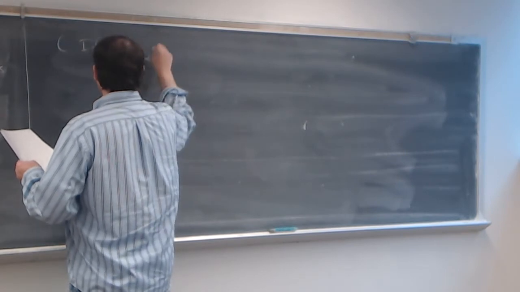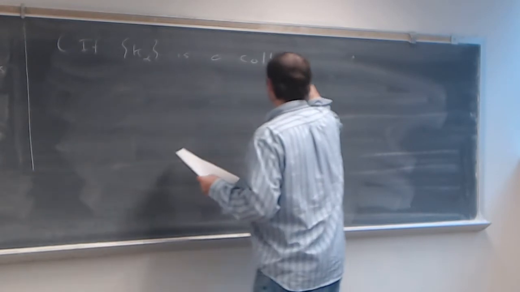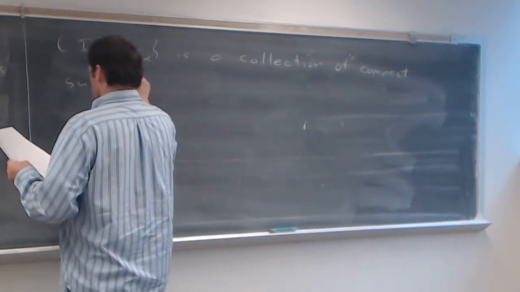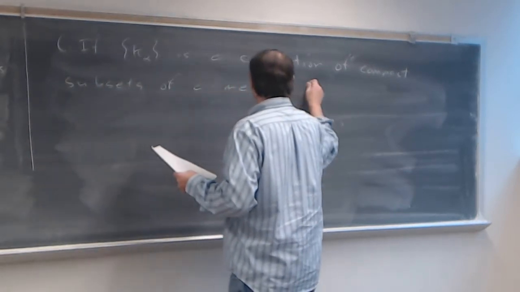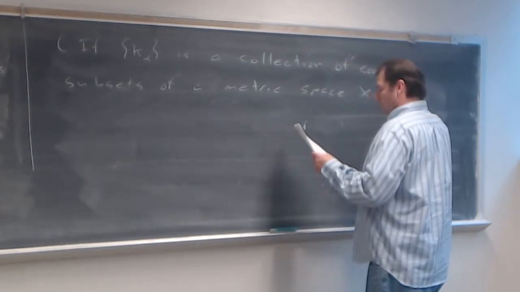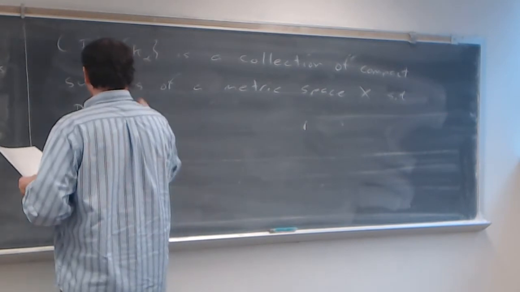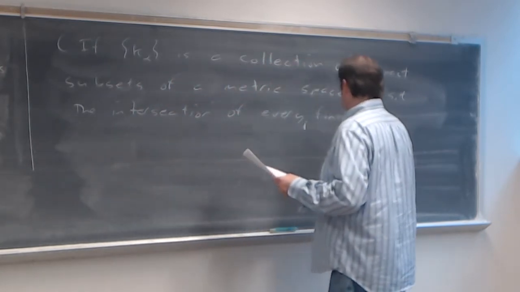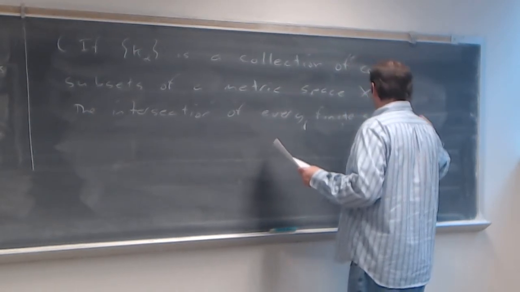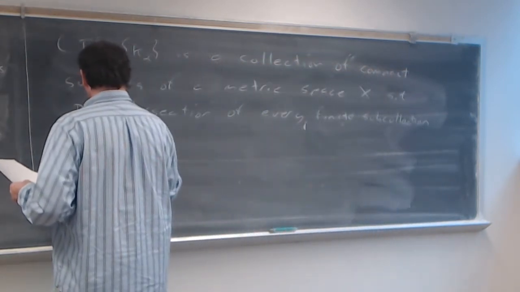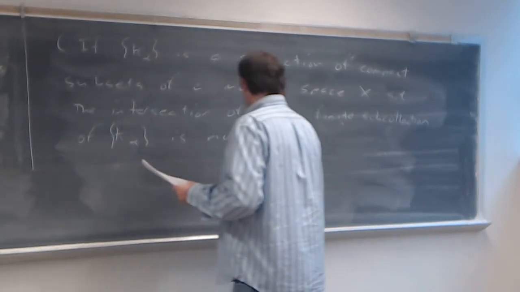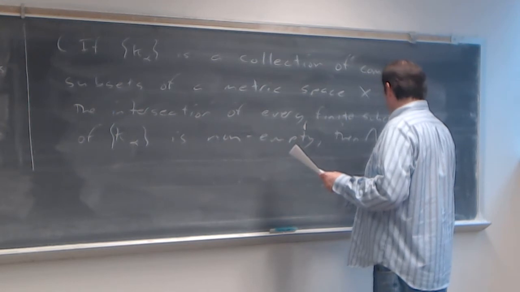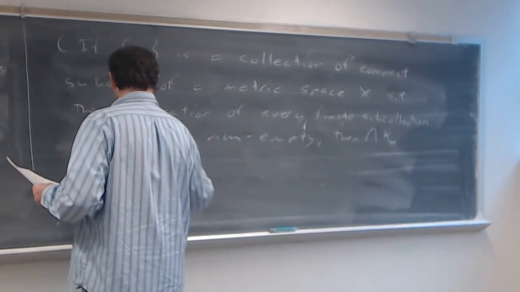If the K sub alphas are a collection of compact subsets of a metric space X such that the intersection of every finite subcollection of the K sub alphas is non-empty, then the intersection of the K sub alphas is non-empty.